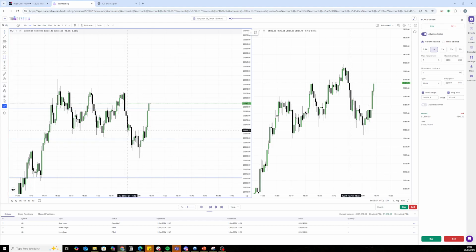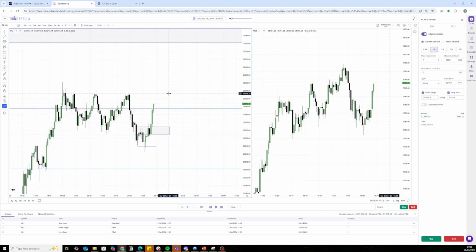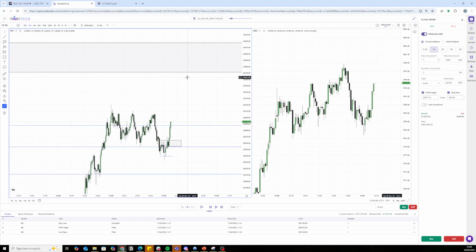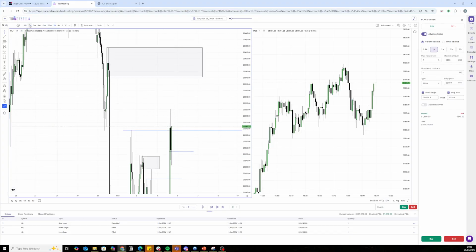This would have been a good entry long using the inverse fair value gap method. So we take out this low here, and you could have got long off that. We didn't massively cover this though, to be fair. So I'm not going to necessarily class it, but essentially, I think this goes long up to our order block. That's your entry.